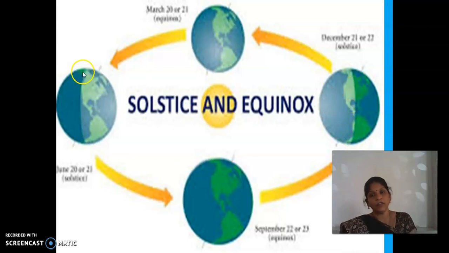When the north pole is tilted towards the sun, 6 months daytime for it and for the southern hemisphere 6 months night time, because the pole does not receive the sunlight. Then here the same. Now the southern hemisphere receives the sunlight, so the south pole has 6 months daytime, the north pole 6 months night time.